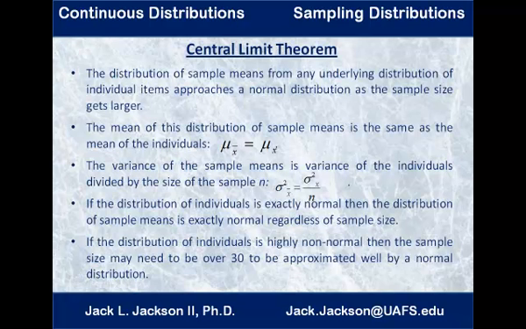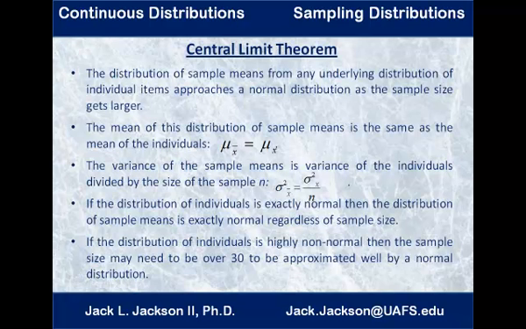And if we have a sample size of n in general, and we start with a perfectly normal with mean mu and standard deviation sigma, then no matter what n is, the distribution of x bars, the distribution of sample means, will be exactly normal with the same mean, so it'll still be mu, but the new standard deviation will be the old standard deviation of individuals, sigma, divided by the square root of n. And again, that doesn't matter what the sample size is.